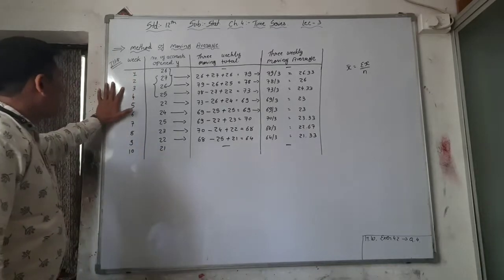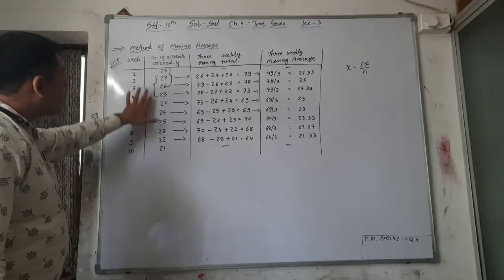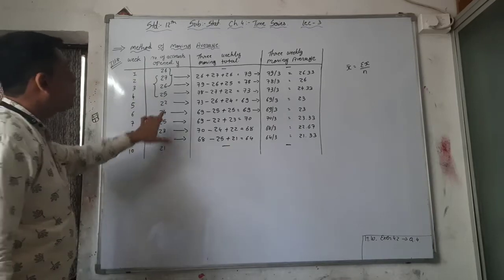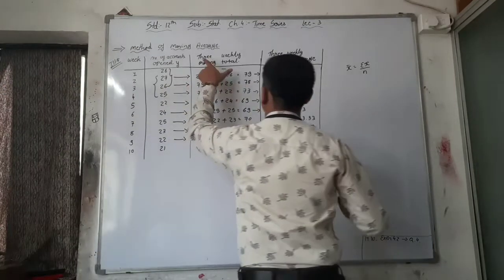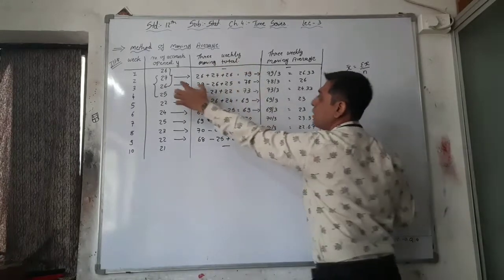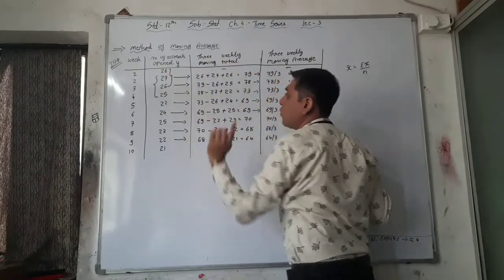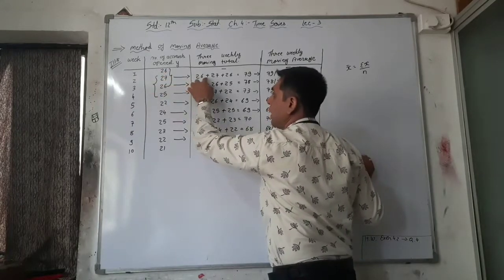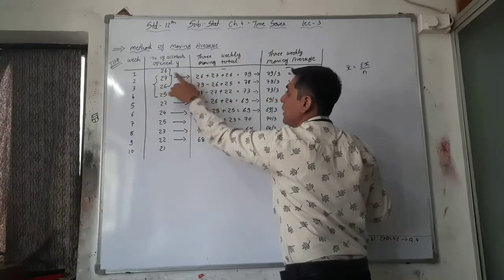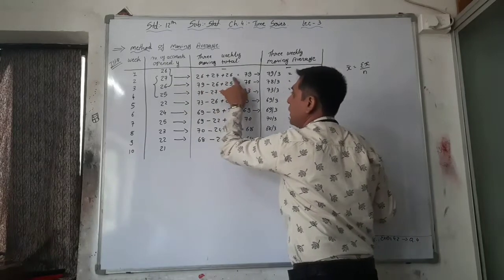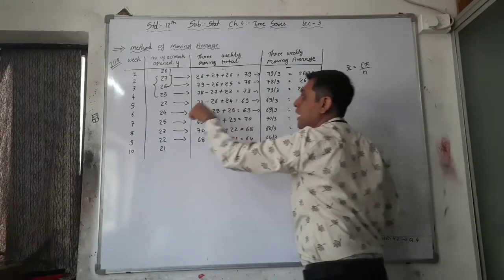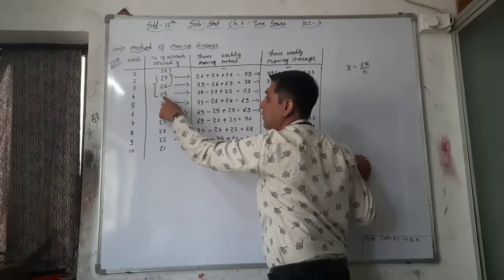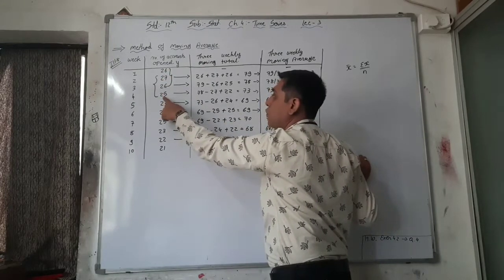So in that, week is given, number of accounts open, that is values or observations are given. First we find the 3 weekly moving total, that is the total of these 3, and we write that total at the center, that is in the second week. 26 plus 27 plus 26, that is 79. Next, the first one we have to subtract, and the last one, that is the fourth one, we have to add.